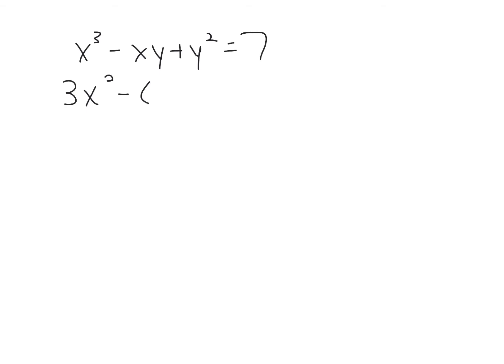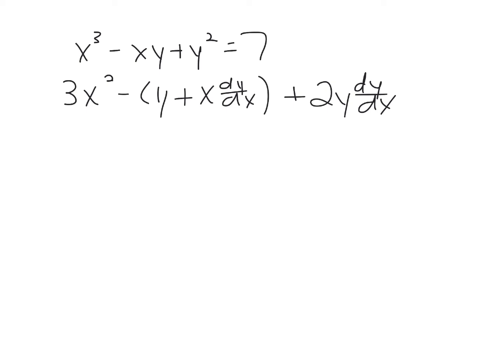The first term is 1, so we're left with 1y plus, keep x the same, but we have a dy dx, because everywhere we differentiate with respect to y, we replace it with dy dx. Plus 2y dy dx. Equals 0. The derivative of 7, any constant, is going to be 0.